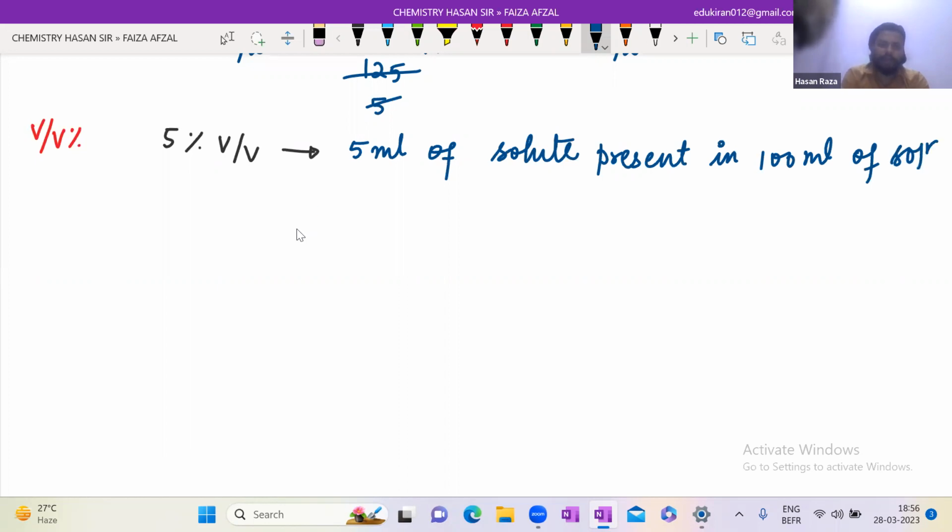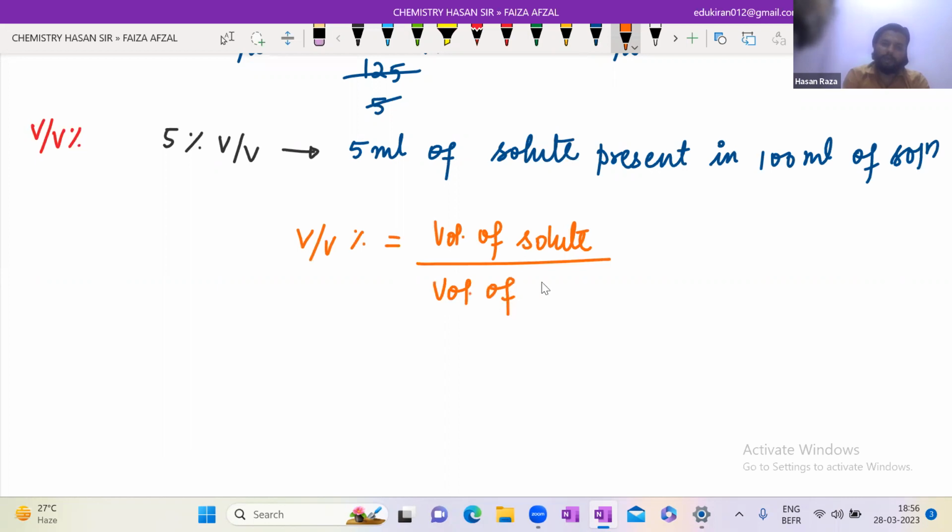So we can easily write a formula about this. Volume by volume percent equals volume of solute upon volume of solution into 100.